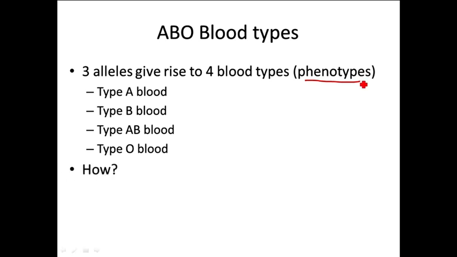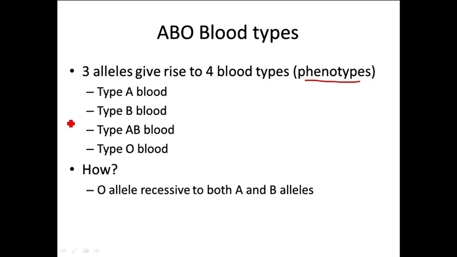So how do these three alleles give rise to the four blood types? Okay, so it all has to do with how the alleles interact with each other. Okay, so the first thing you need to know is that the O allele is recessive to both the A and the B alleles. Okay, this makes sense because remember the O allele makes a non-functional enzyme.